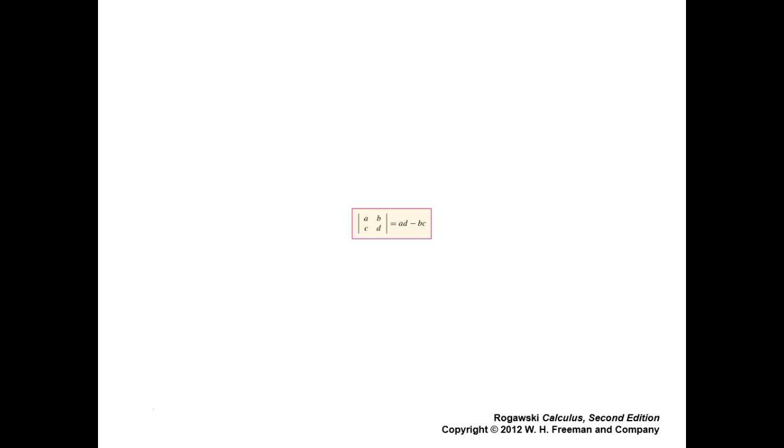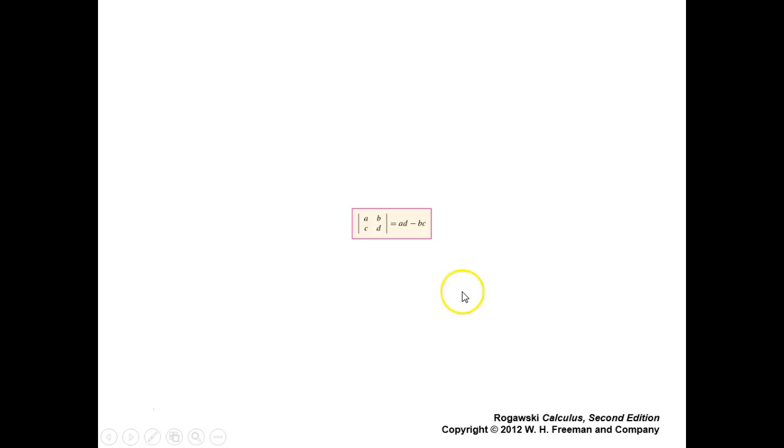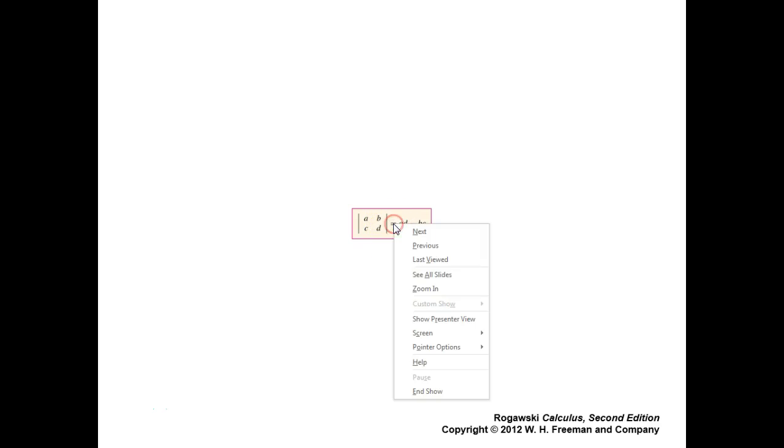We really don't have time for all this. You may have run into it before, but let's just go down to what the definition of a cross product is. Oh man, they give it in terms of that. So let's go back. Sorry. Trying to skip something.